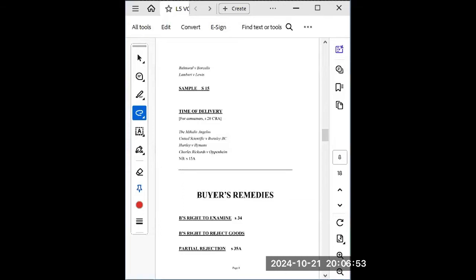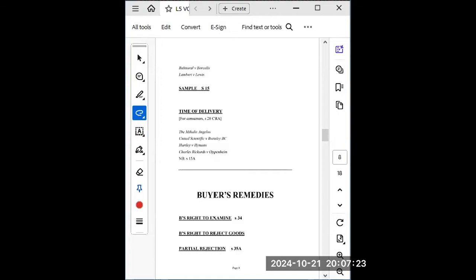But just because it is a commercial contract, you still need to look at the facts of each case. If the contract does not expressly stipulate that time is of the essence, you need to look at the nature of the contract and circumstances of the case to see if time really is of the essence.